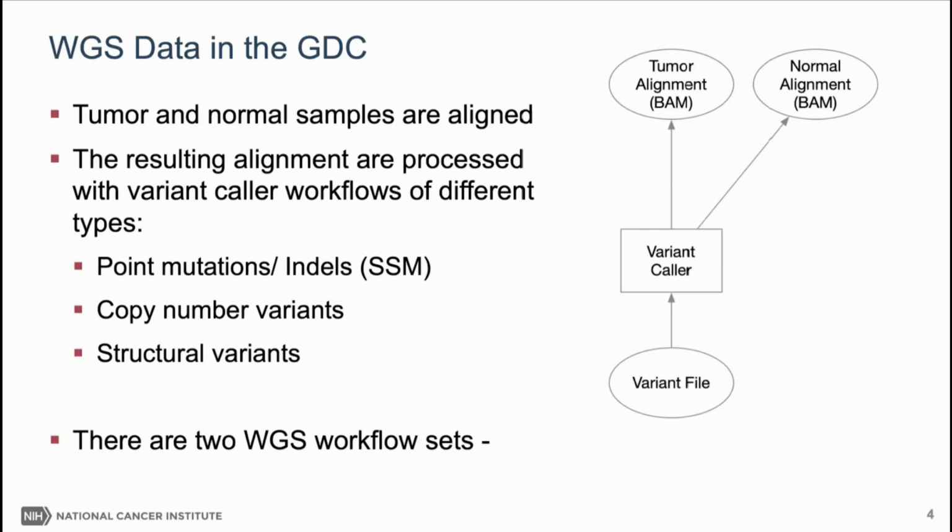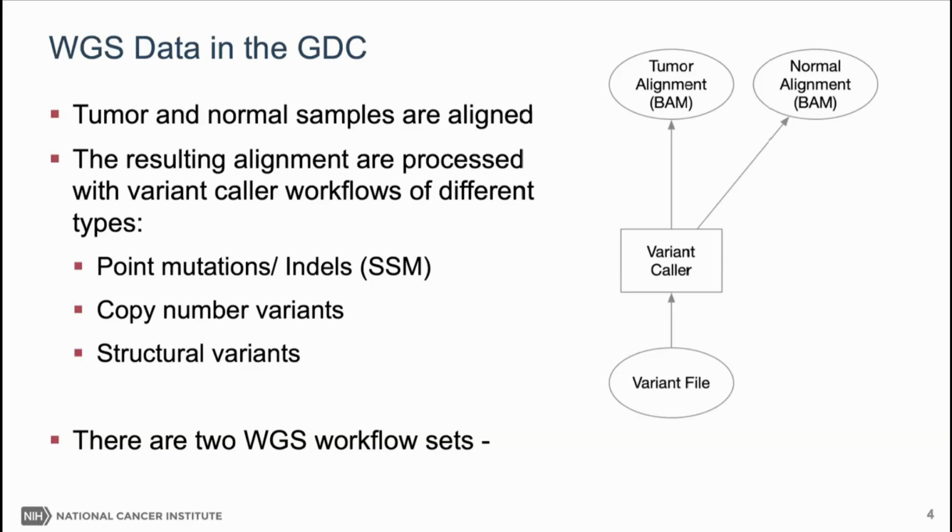The first type is the point mutations and indels, or as you'll hear us refer to them for the rest of the presentation, SSMs, or simple somatic mutations. This is just a catch-all for both the point mutations and the smaller indels. This does not include larger chromosomal rearrangements. The next type are copy number variants, and the third type are the structural variants. These would be the larger rearrangements.